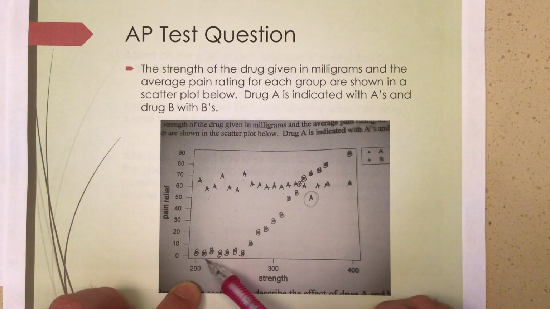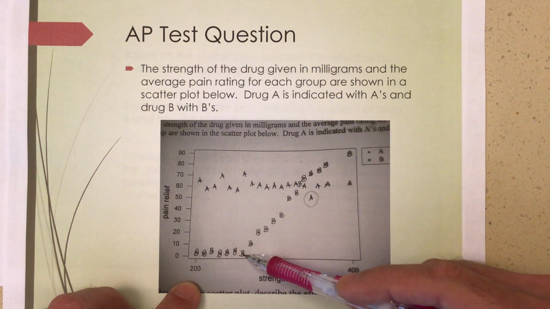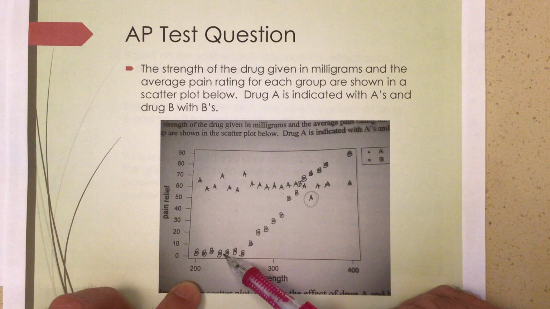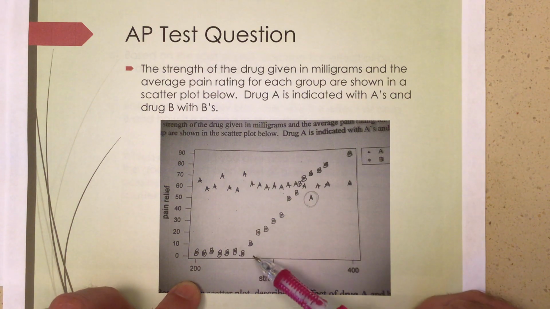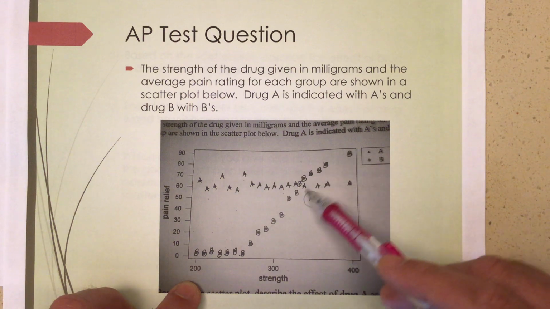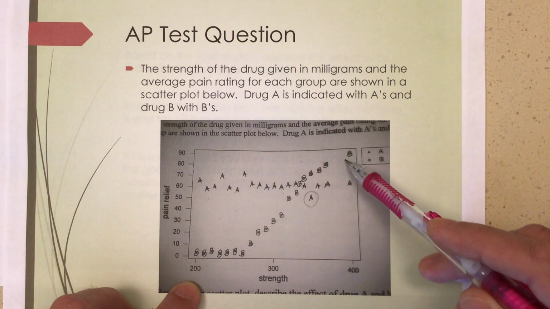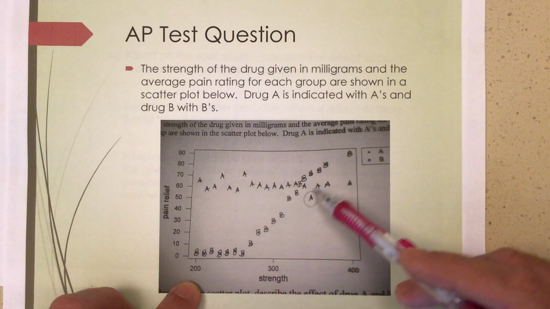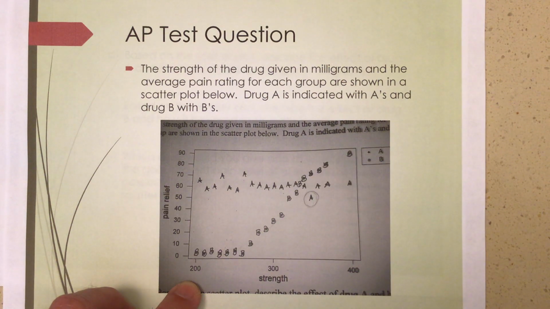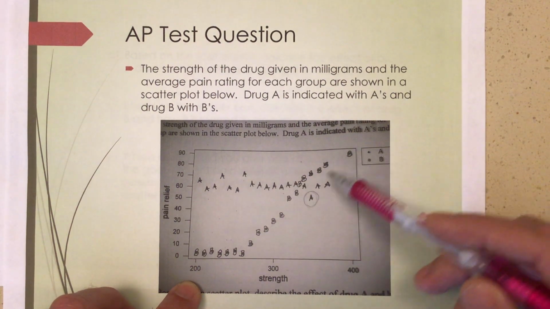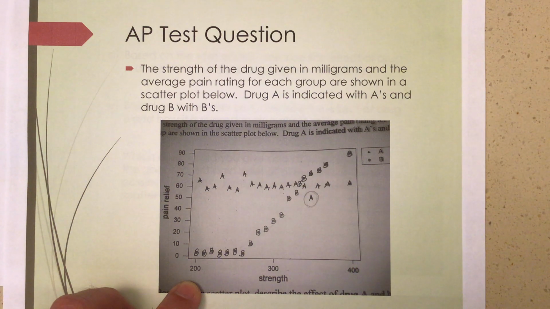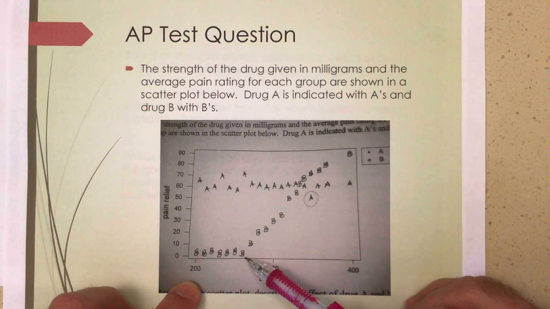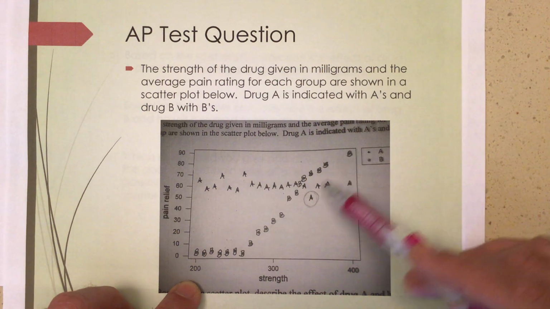So completely ineffective until whatever that is, it's 270 or so. And then from that point on, I see a pretty strong positive linear association, okay? Not much variation from the line. And unlike drug A, right, after 270, as my dose increases, my pain relief increases, right?